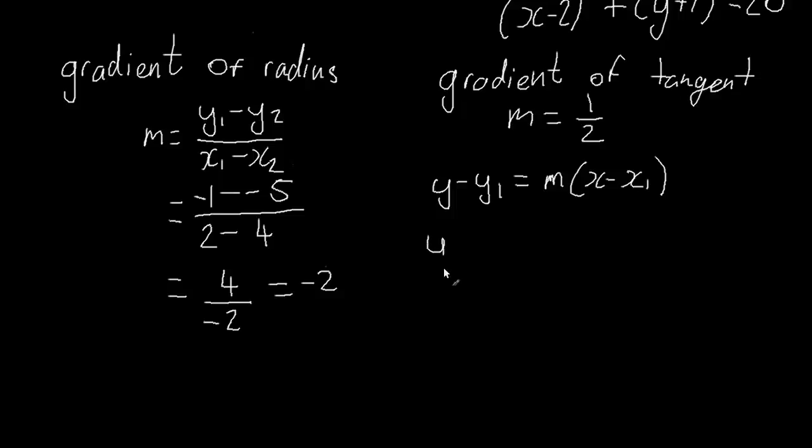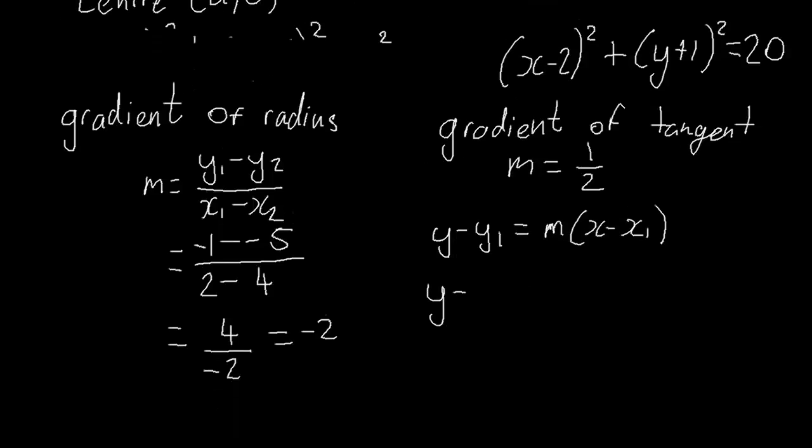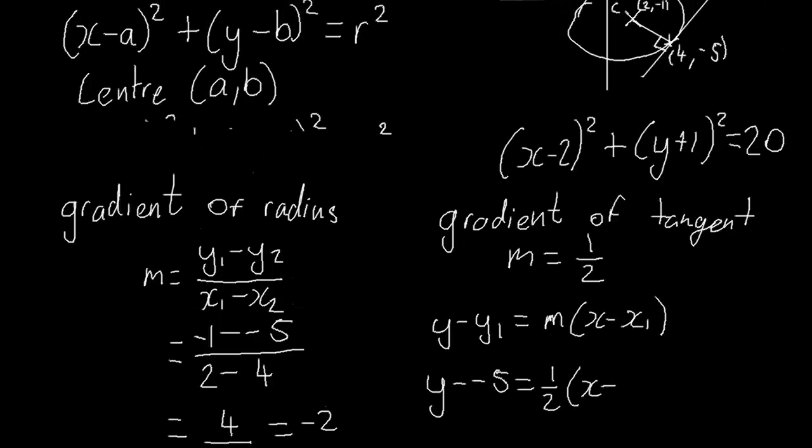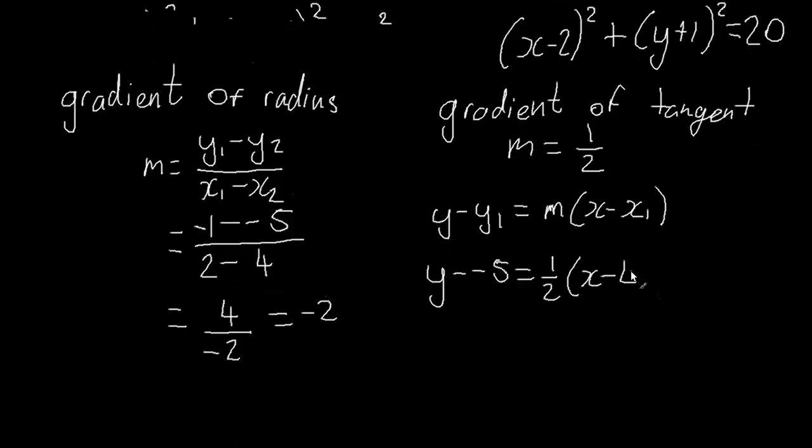So y minus our y point, which was minus 5, so y minus minus 5, is equal to m, which is a half, lots of x minus x1, which is our x point, which is 4. So nearly there. y minus minus 5 is y plus 5, is equal to a half (x minus 4).